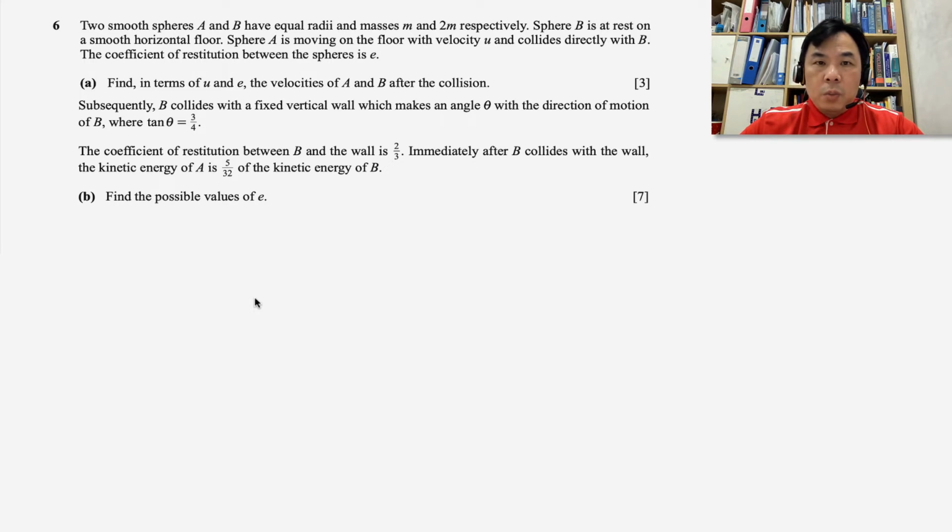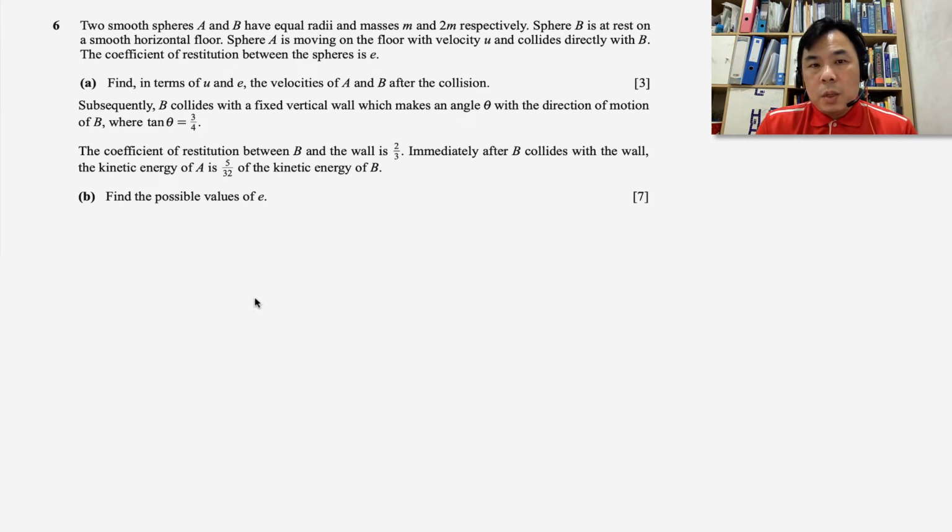Sphere A is moving on the floor with velocity u and collides directly with B. The coefficient of restitution between the spheres is E. We need to find, in terms of u and E, the velocity of A and B after collision.